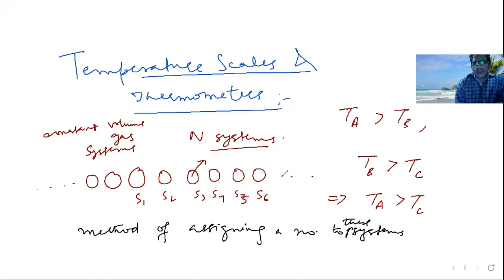Now I arranged these N systems in order. Now I want to devise a method of assigning a number to these systems so that larger number means larger temperature. That is the meaning of temperature scale. Now what we do for that, for assigning number to these systems, how we develop our temperature scale. That is our next thing.